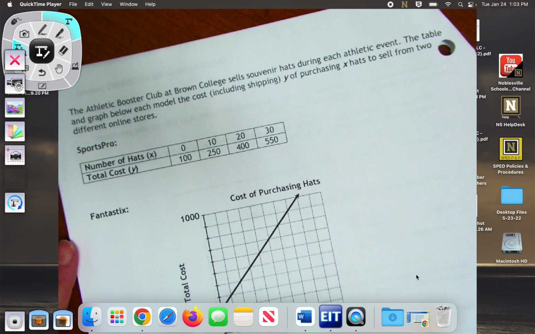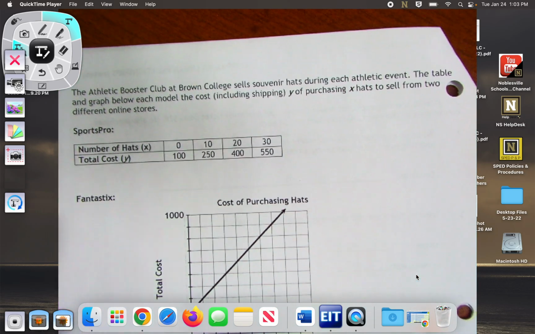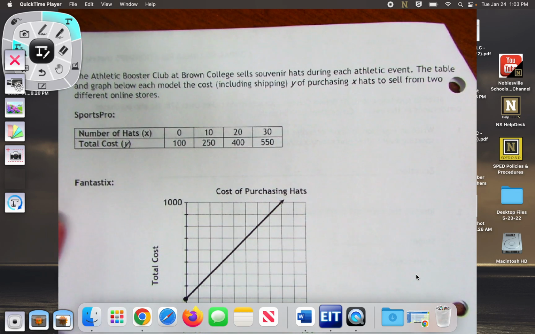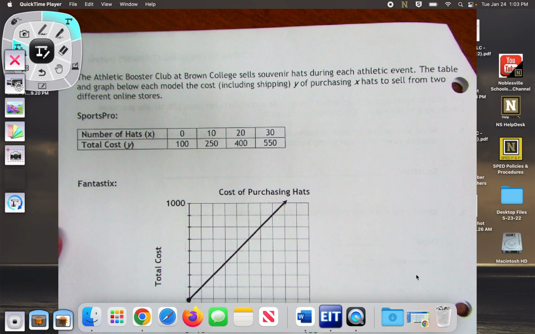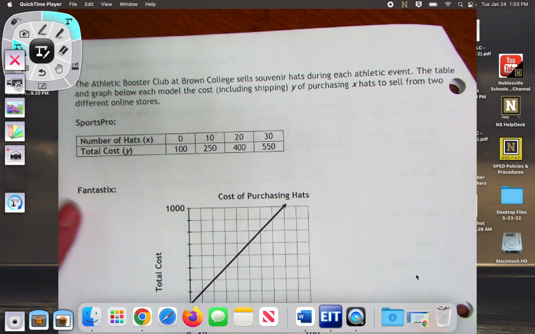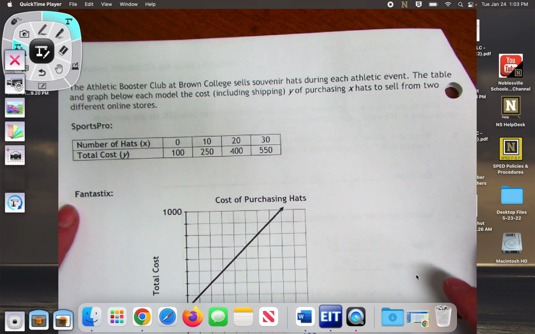Now we have a booster club. Same college, Brown College, that sells souvenir hats during each event. The table and graph below each model the cost, including shipping, of purchasing so many hats to sell from 2 different online stores.